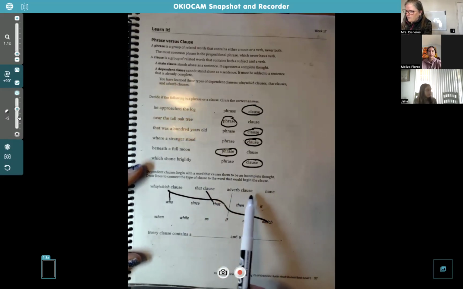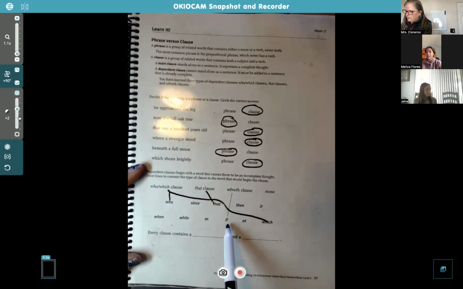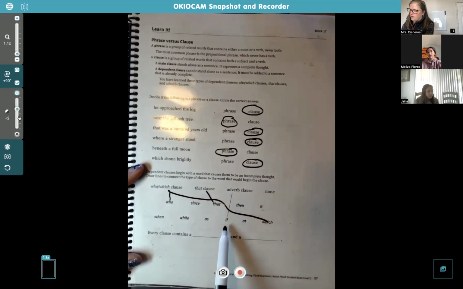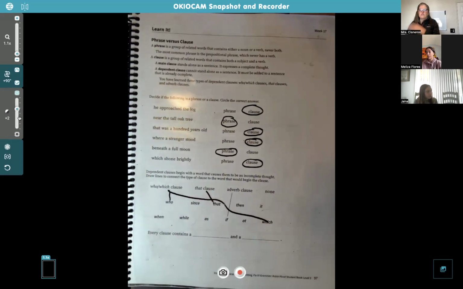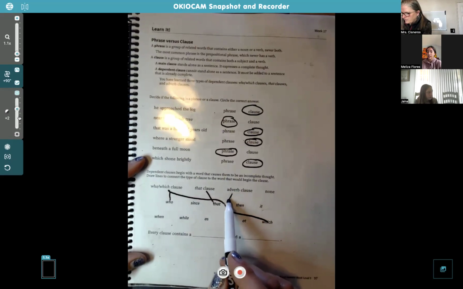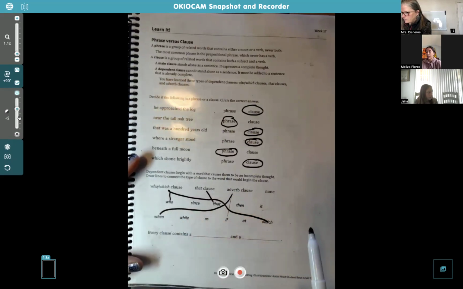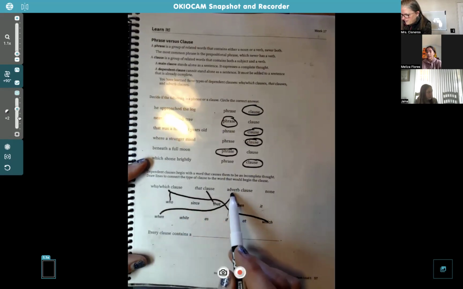They already did adverb clause for you with if, but there are others that start with too. So what other words are in the adverb clause, Lily? When. Yes, when. So let's add that one. What else? While.